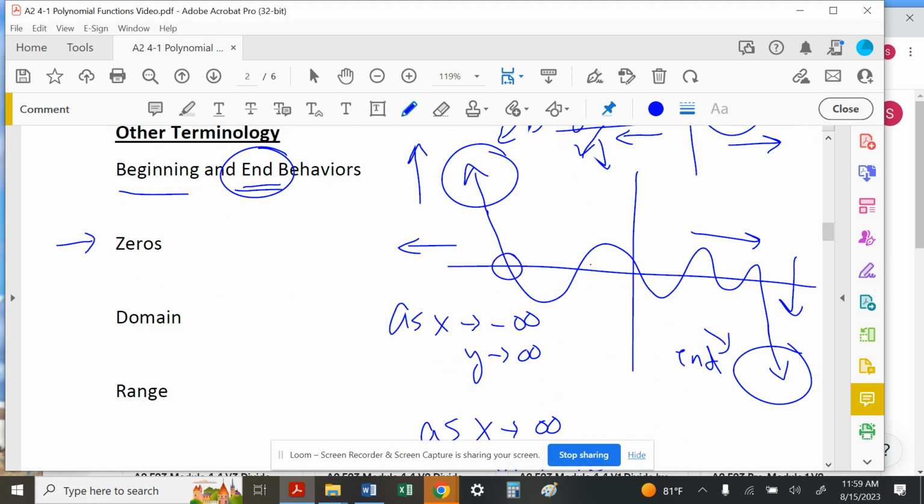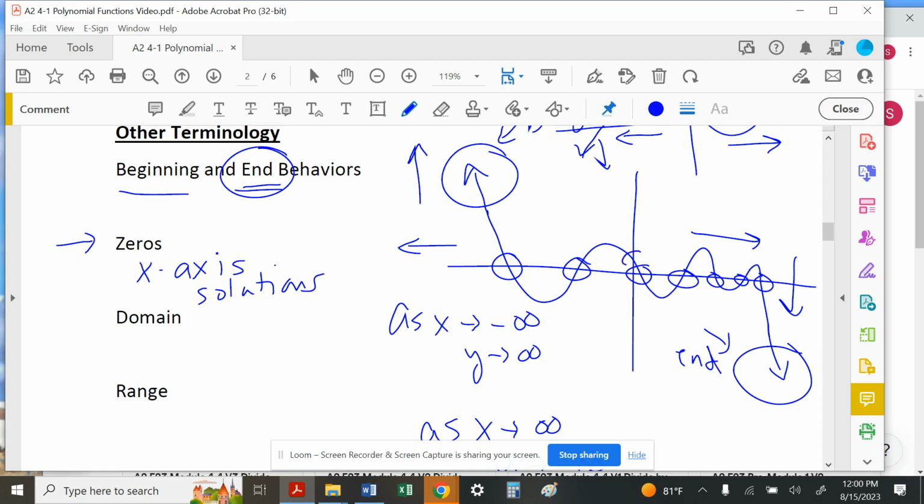So we have a 0 here, a 0 here, a 0 there, a 0 there, a 0 there, a 0 there, and a 0 there. So notice in this example, we have 1, 2, 3, 4, 5, 6, 7 zeros. So where it crosses the x-axis are considered my zeros. Those are also called my solutions. Okay? Those are also called my x-intercepts. So basically where it crosses the x-axis.